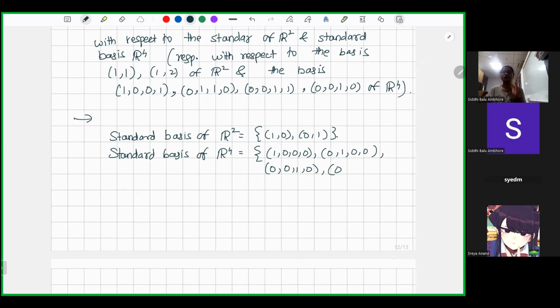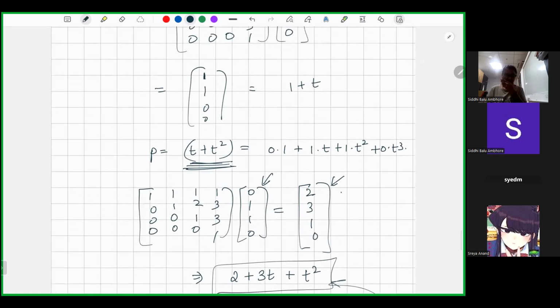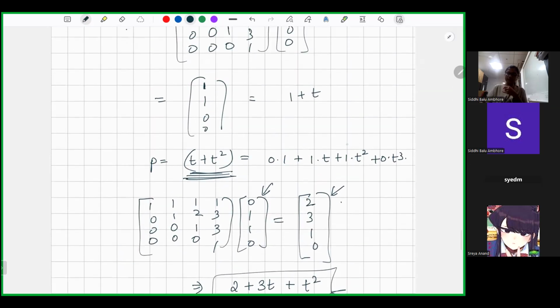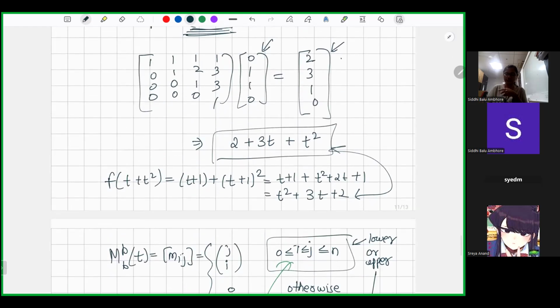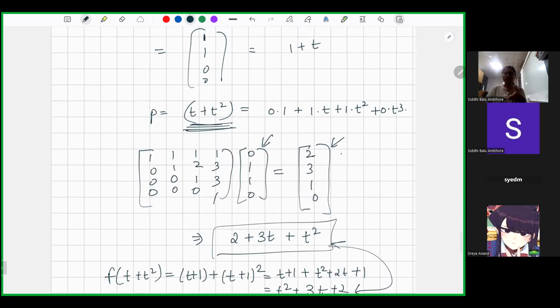Okay, we can't switch. For example, this is a very simple case where the coefficients are not different, but if I switch the order of bases here, the matrix changes. Here, this is corresponding to 1, t, t square, and t cube.